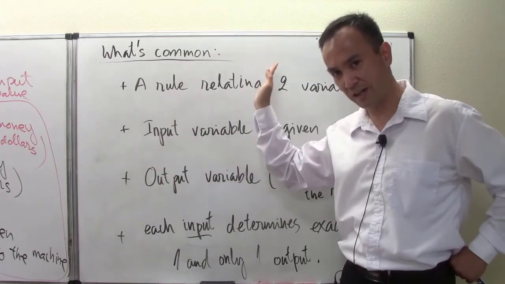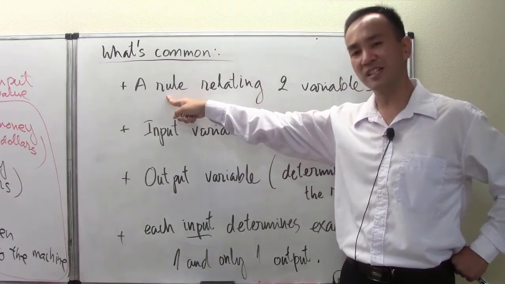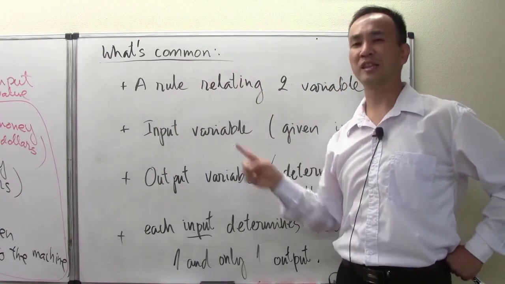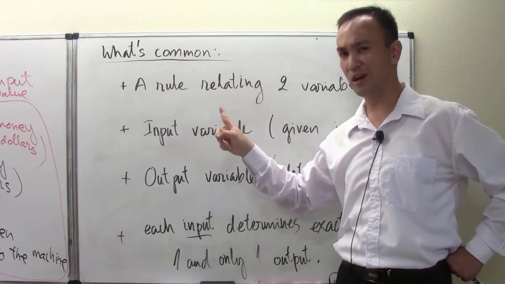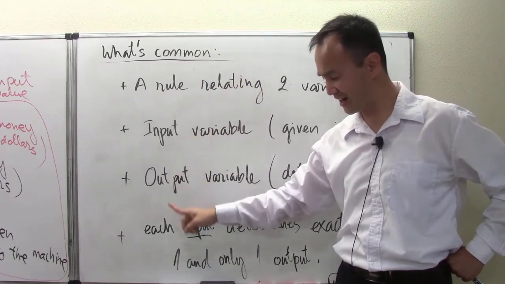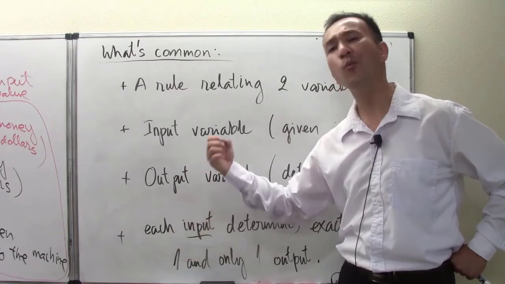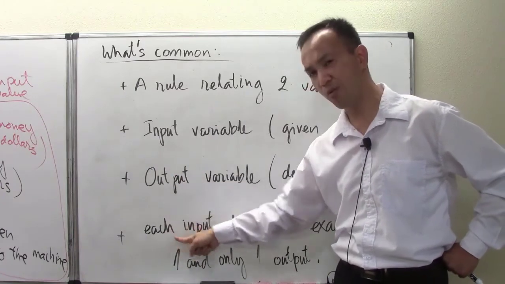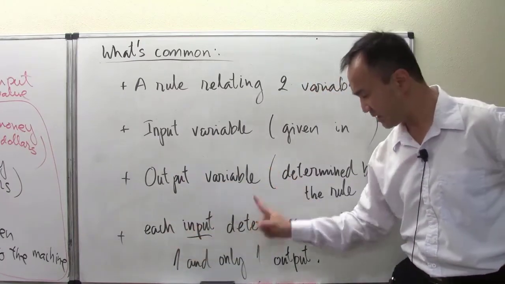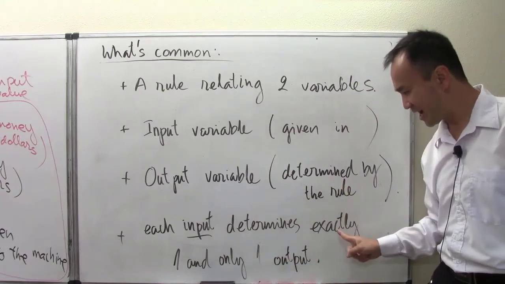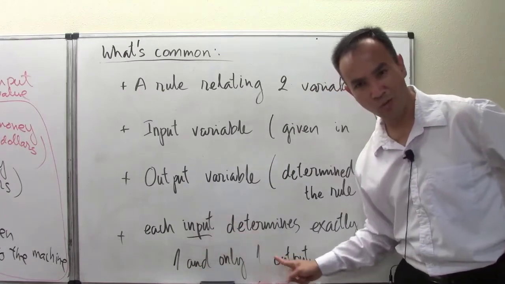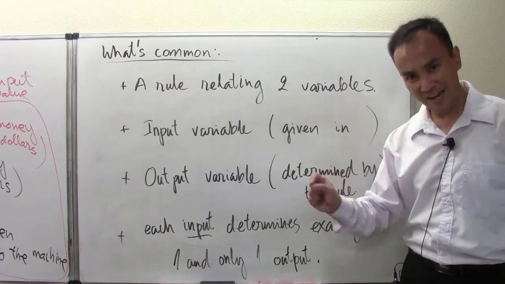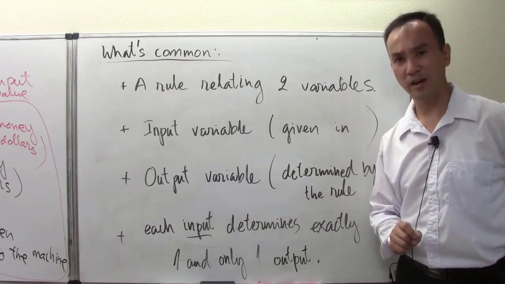But that rule is not just relating. It has to relate in a way that each input determines exactly one and only one output. That's what matters right there. That's how important it is.